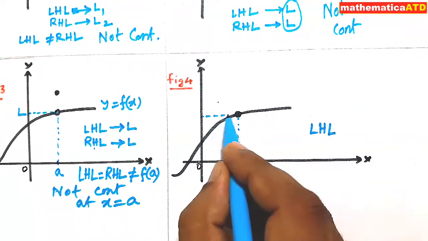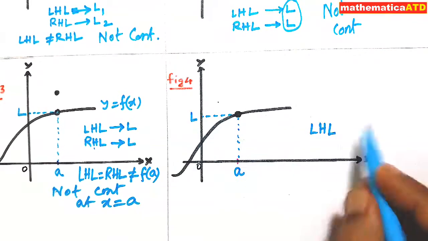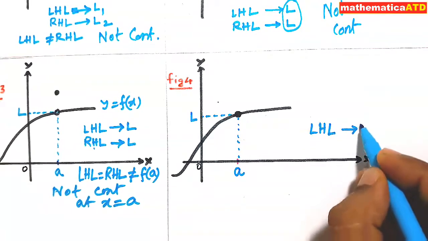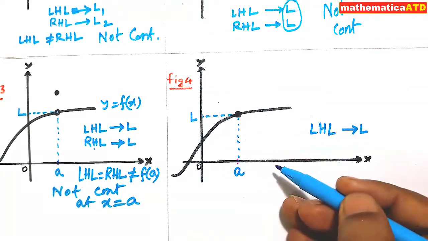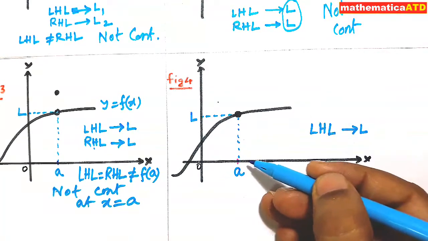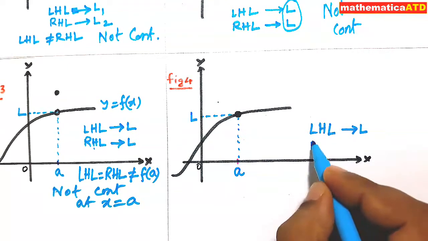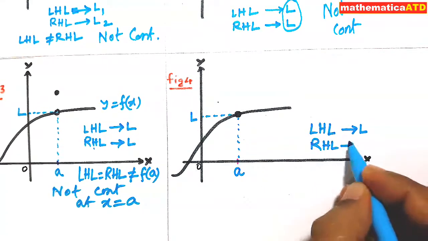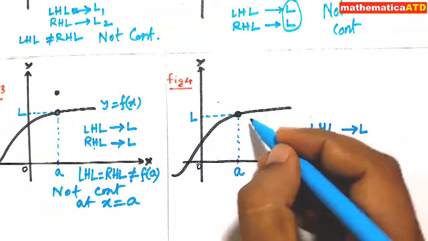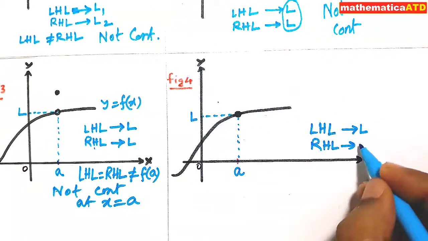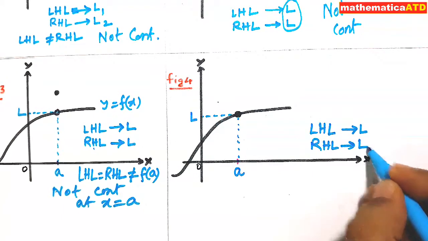We consider that this height be L. So LHL is tending to L when x is tending to a negative. On the other hand, when x is tending to a positive, in this case RHL, f(x) is also tending to this height, and this is again L. So RHL is tending to L.